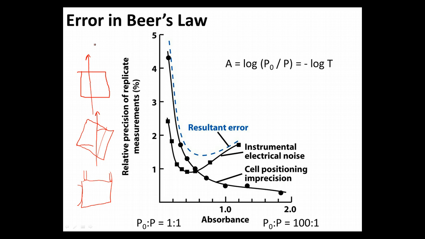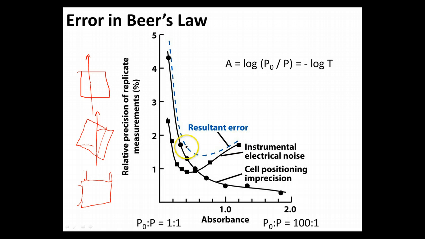But when we're focusing on just the instrumental noise, it has a big effect when you have nothing blocking the light, and also when you have lots of things blocking it. So low concentration and high concentration. Overall, what you find is that there's a sweet spot in the middle.